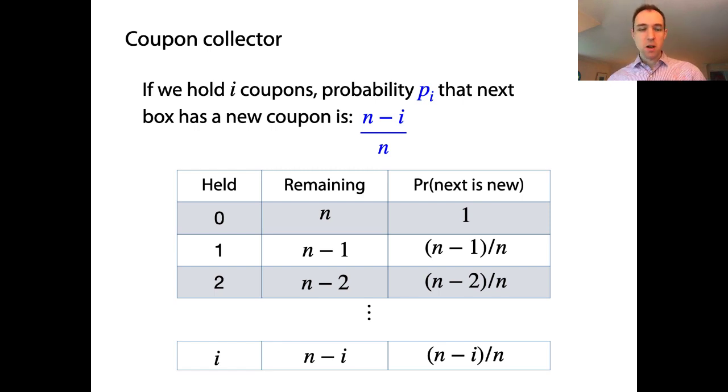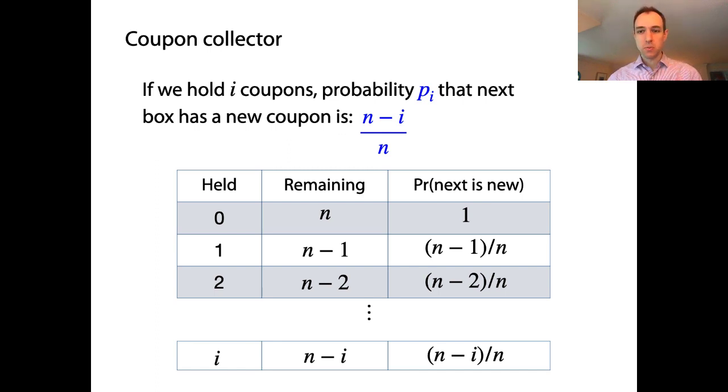So that's the probability that a given box or a given draw is going to yield a new coupon. This is the Bernoulli trial nature of the problem: each new draw is like a Bernoulli trial with some probability p equal to the proportion of coupons that are still left. But we're interested in how many boxes get opened in each stage.